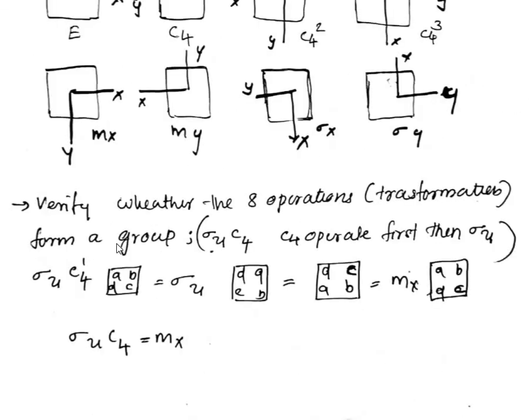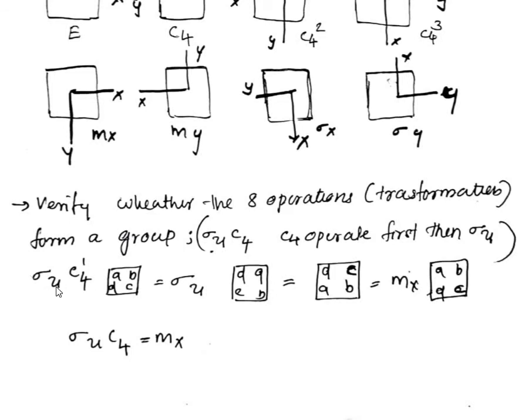Now let us check whether the 8 transformations form a group or not. So we can do one type of operation, that is sigma U and C4^1.